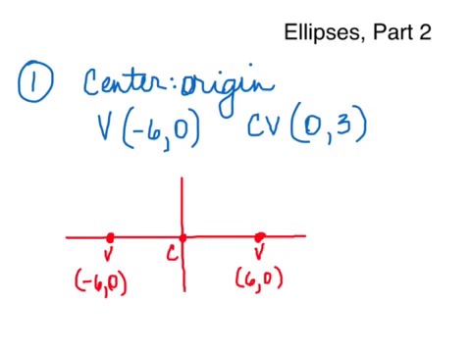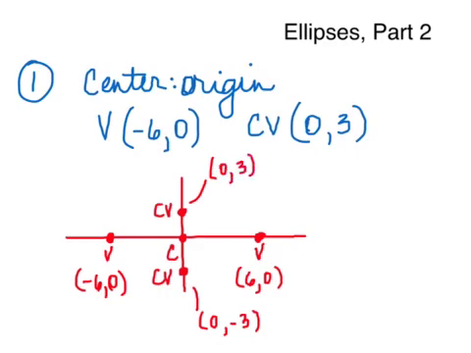If you know that one co-vertex is at 0, 3, it'll be up about halfway as much as the other one. So this would be your co-vertex. Your other co-vertex will be down here 3 units in the other direction, so the other co-vertex would be 0, -3. And this one would be the 0, 3.